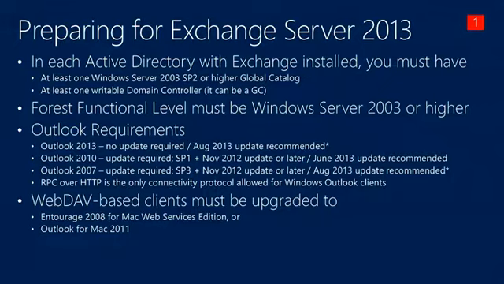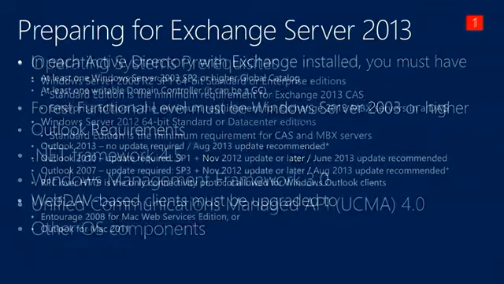Those applications will need to be changed to use RPC over HTTP, and that will have to happen either programmatically by the application developer, or if your application uses a MAPI profile, by the administrator who can just go in and change the MAPI profile to use Outlook Anywhere and uncheck the RPC over TCP box. And again, any WebDAV-based clients you have cannot be used. They'll need to be upgraded to later versions as well.